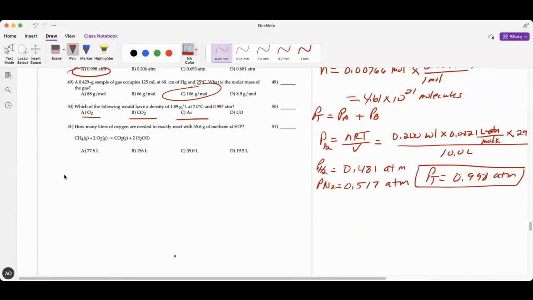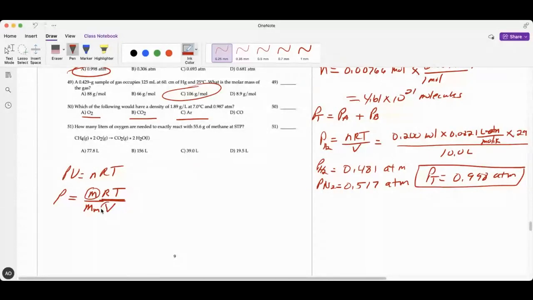PV is nRT, and n is equal to the mass over the molar mass.